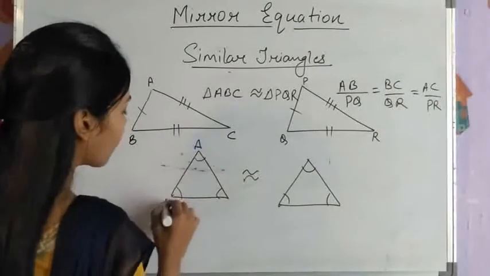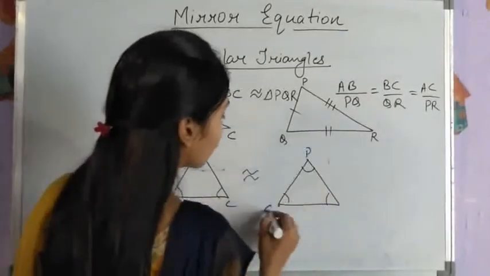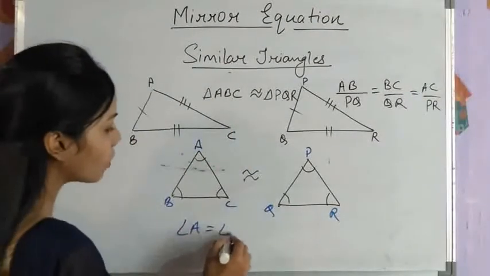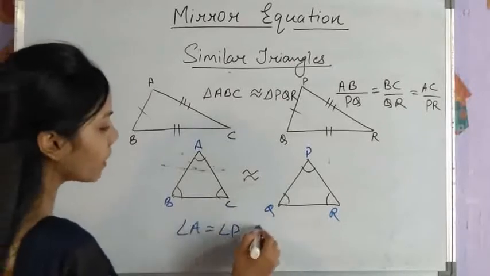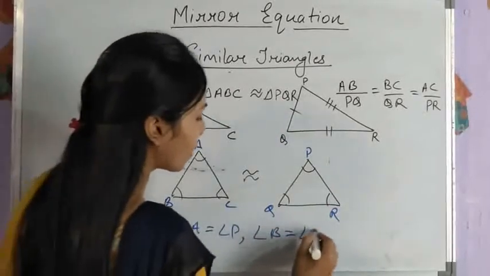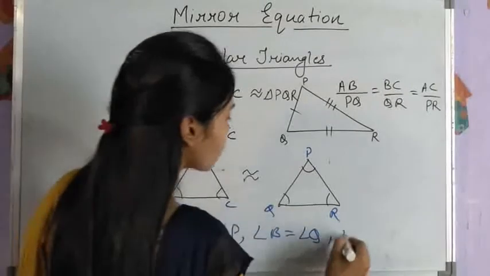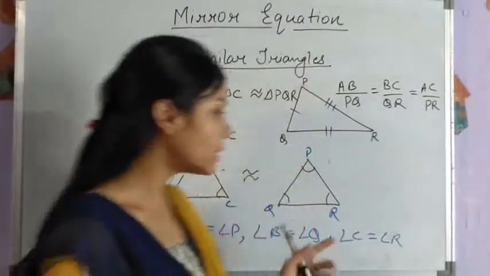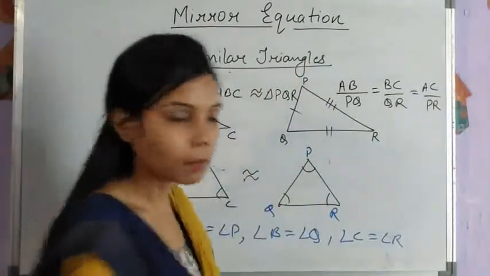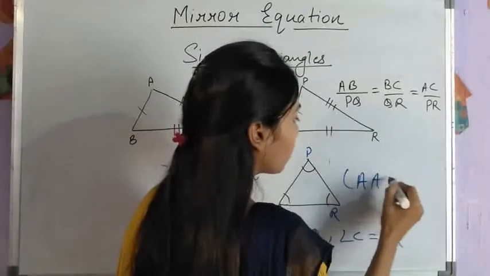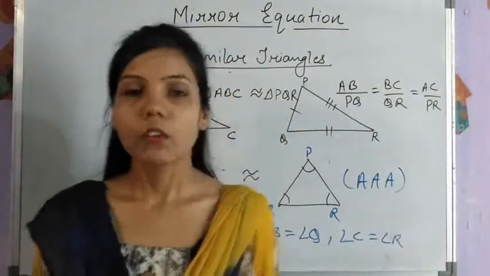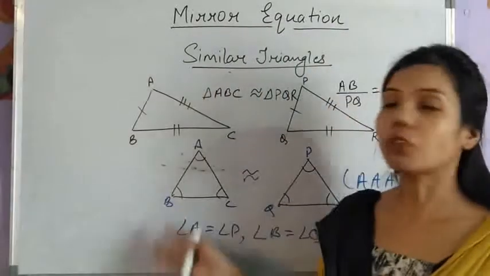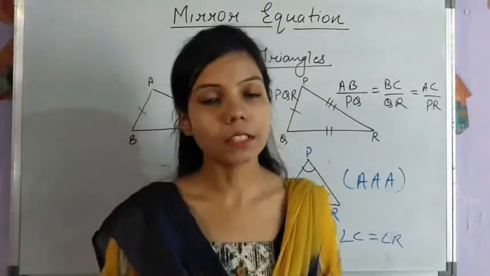If this is ABC and this is PQR, then the corresponding angles, angle A will be equal to angle P, angle B will be equal to angle Q, and angle C will be equal to angle R. This works in reverse also. This is termed as the AAA test of similarity. We have other criteria also to prove congruency, but here these two facts are going to help us derive this mirror equation.